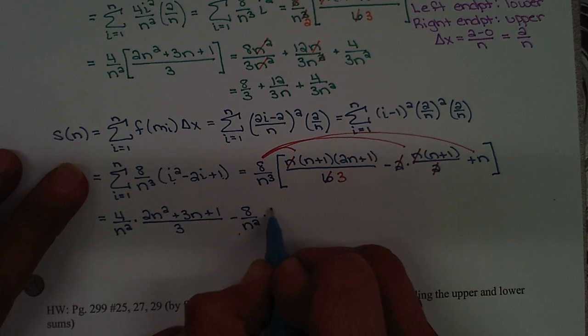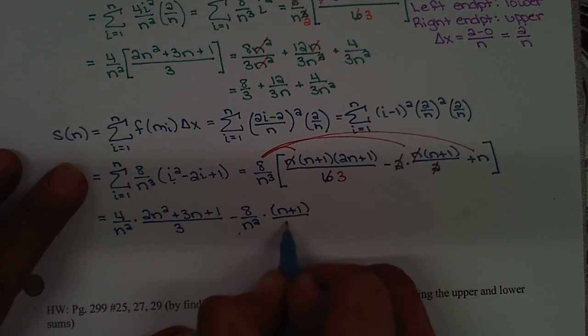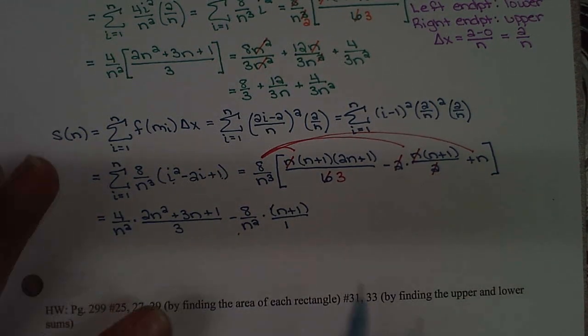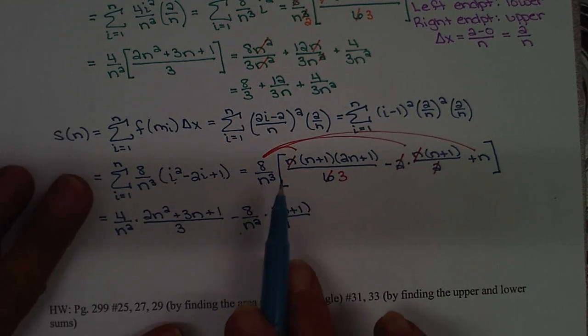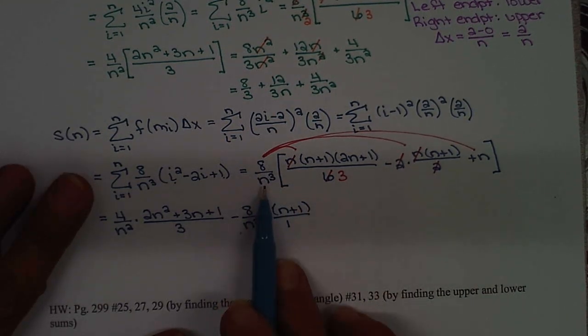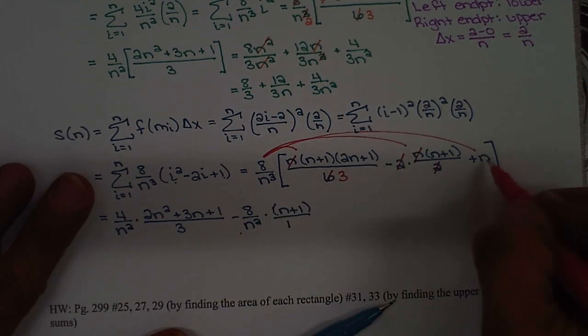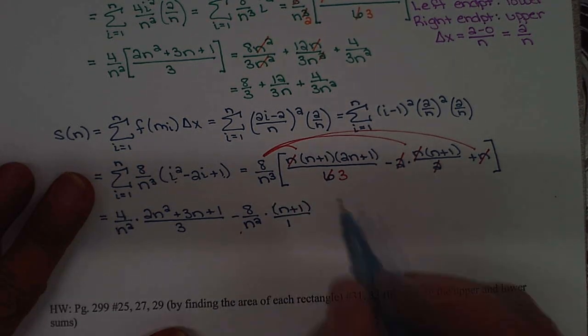And I'll go ahead and put it over a 1. That way we've got fractions multiplying fractions here, and it gets a little easier when we start distributing. And then this last one, if I take this 8 over n cubed and I multiply it to this n, it will cancel with one of these, leaving just an 8 over n squared.